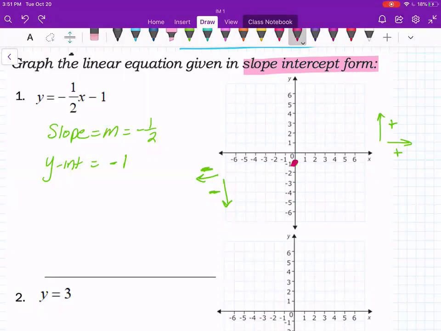So I'm going to go up 1 and over 2. Again, I could go down 1 and over 2 this way. And from here, I can connect my points and make my graph.